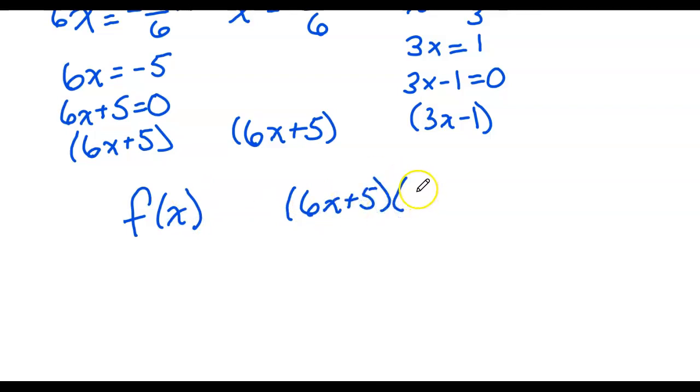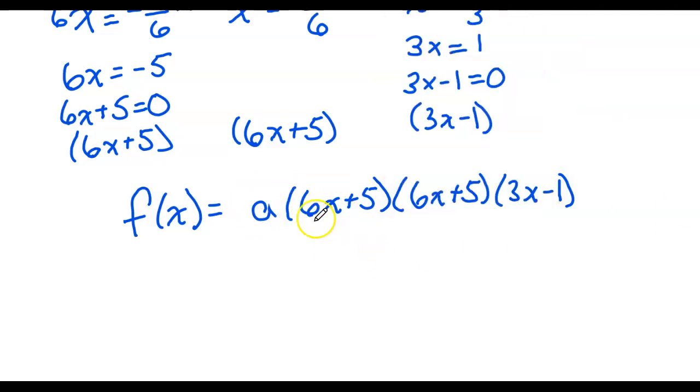I have my 6x plus 5, 6x plus 5, and this 3x minus 1. Well, here's the thing. I don't know if anything is sitting here out front. So I just put an a here, and we're going to deal with that a in a few moments. Don't panic about that a.